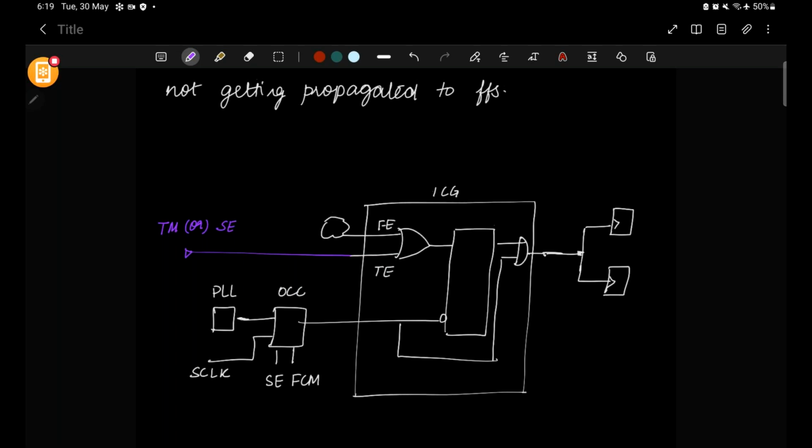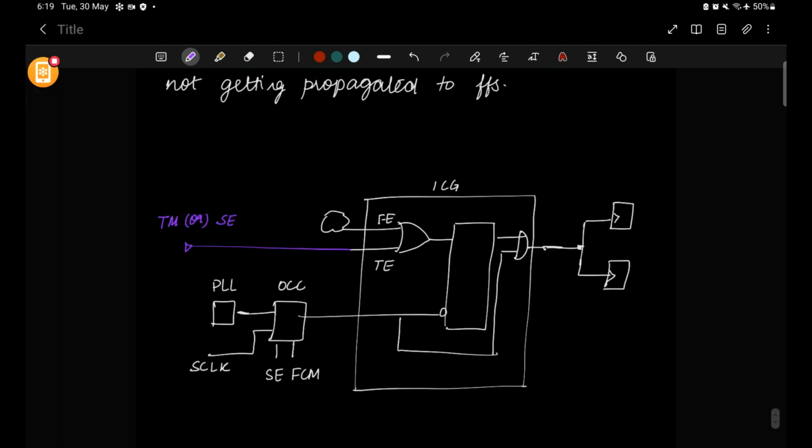So this is how you can fix this issue. Whenever you have an ICG, the test enable signal you can either tie to the test mode signal or the scan enable signal.